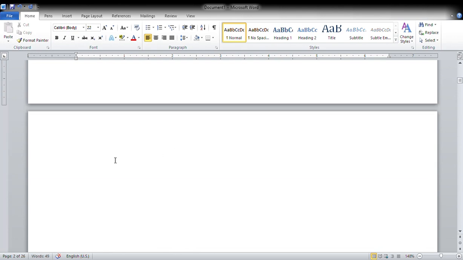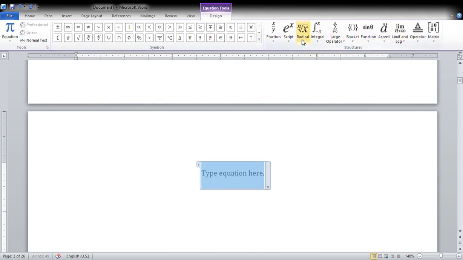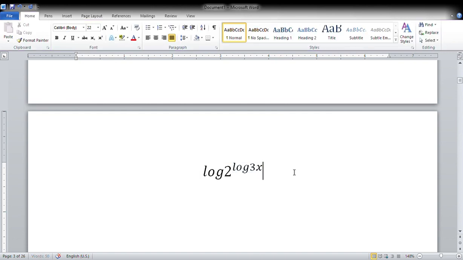The fourth question is log with the base 2 of 3x is equal to 4, right? You have to find out x.